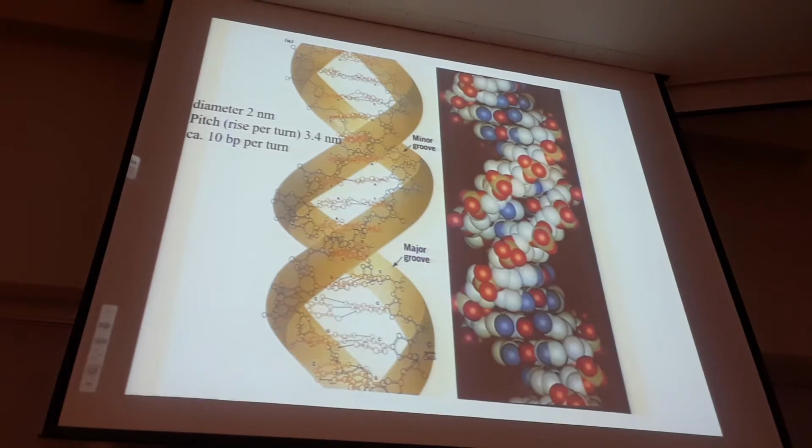Okay, a couple of things. There are minor and major grooves, based on the structural characteristics of our sugar phosphate backbone, and these grooves are actually important for a variety of interactions with other biomolecules. For example, proteins like to bind in these grooves and recognize certain sequences in DNA.